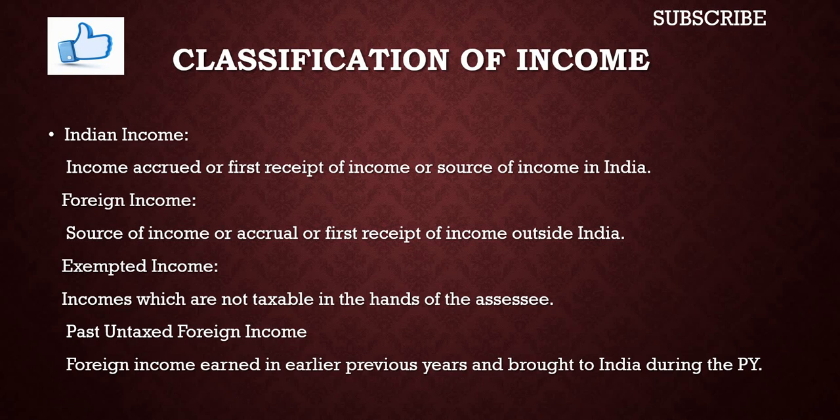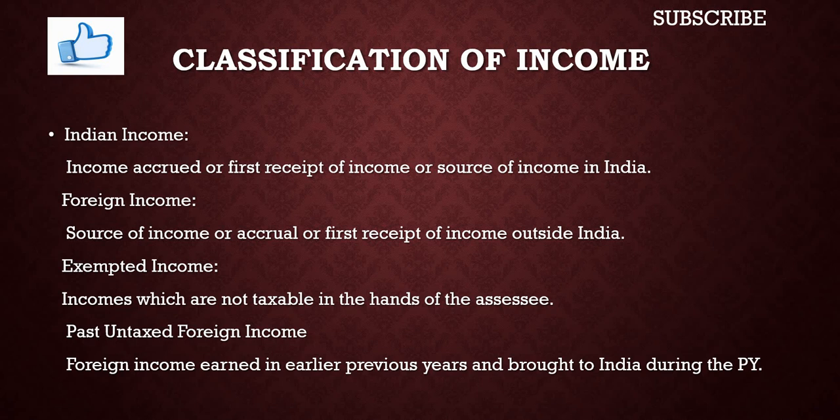Then past untaxed foreign income. This is the foreign income earned in the earlier previous years and which is brought into India during the previous year. Such income is not taxable here, because it relates to the earlier previous years.